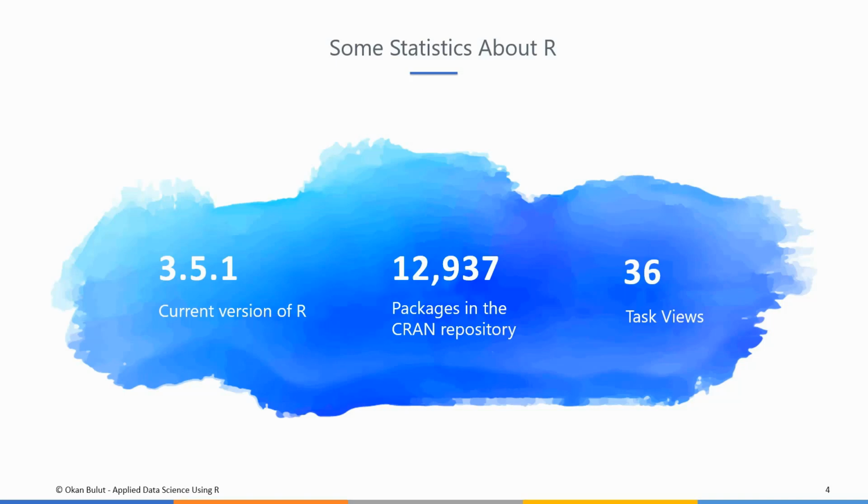Right now, there are almost 12,000, almost 13,000 packages in the CRAN network. Some of them are base R packages, most of them are user-created packages. As long as you have R and you have access to the internet, you basically have access to all of these packages available in the CRAN database.